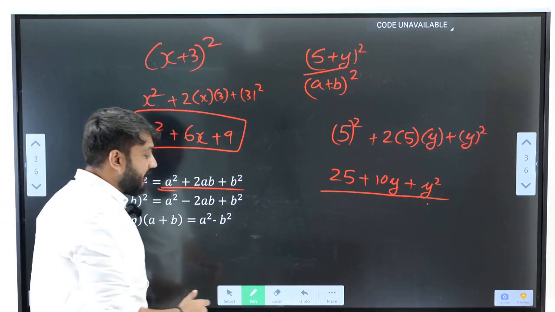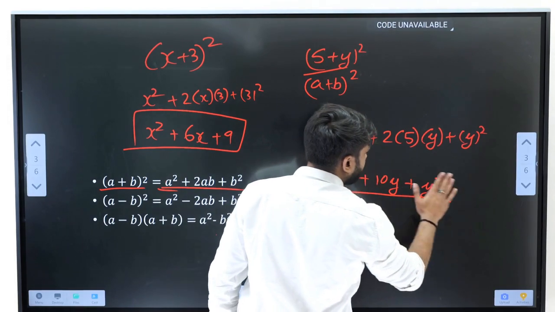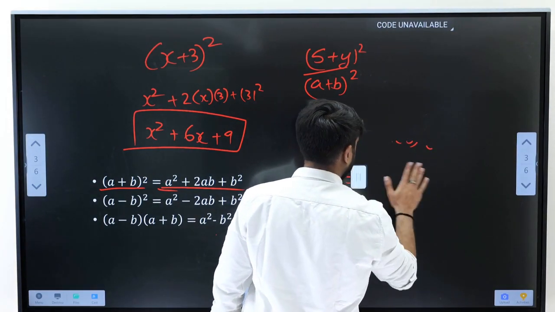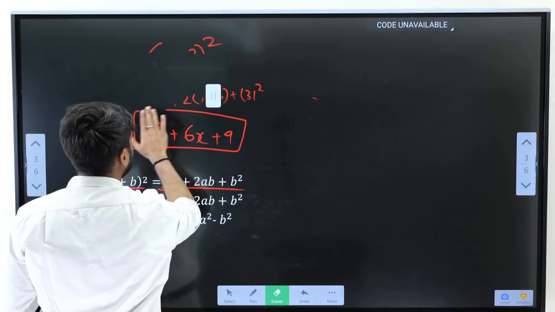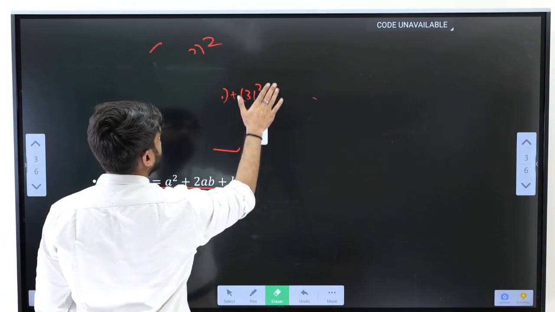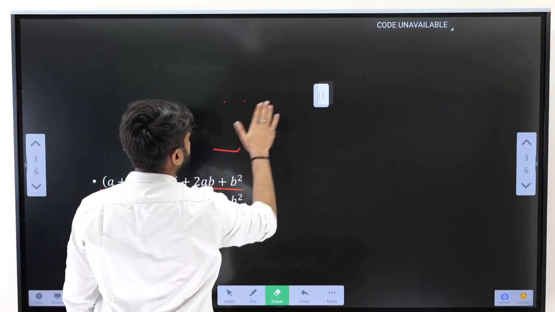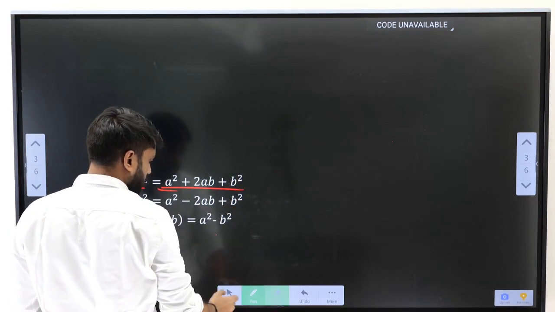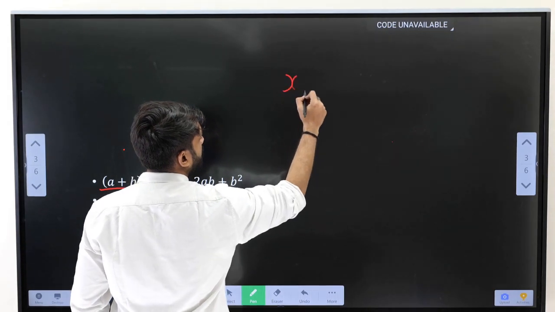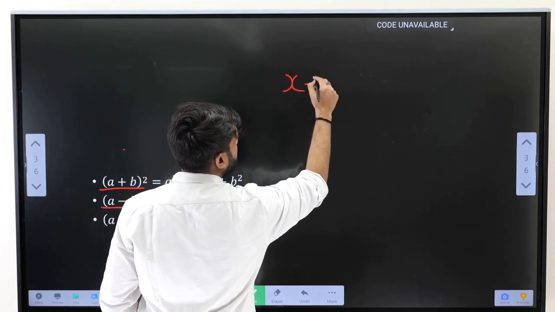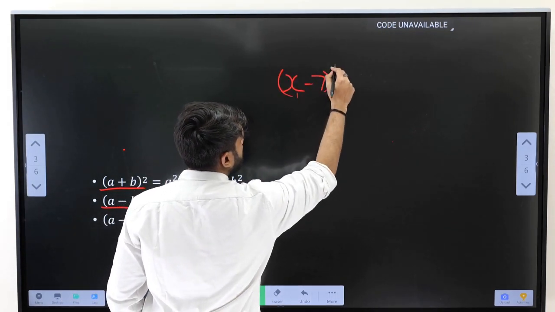Let's try one with negative values. Let's say I have (x minus 7) the whole square.